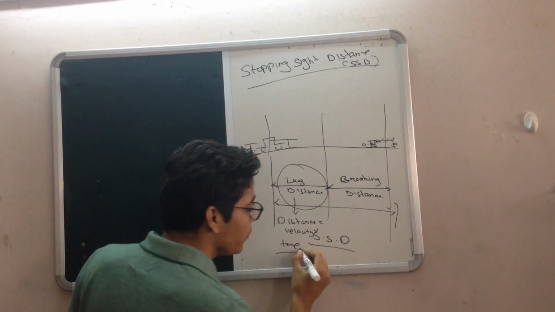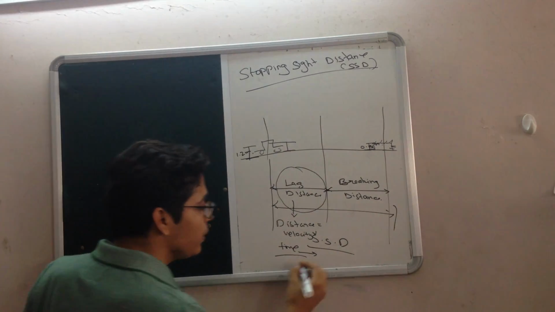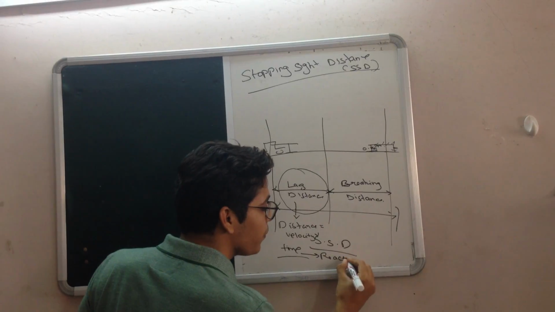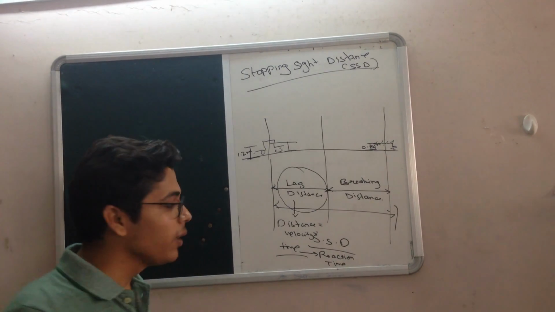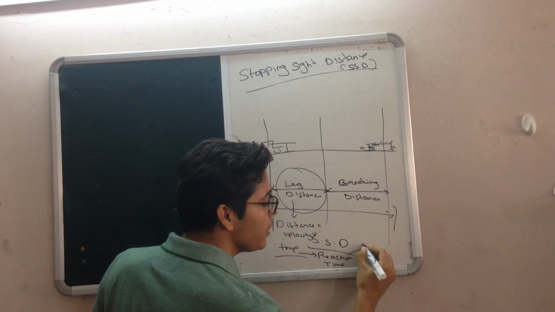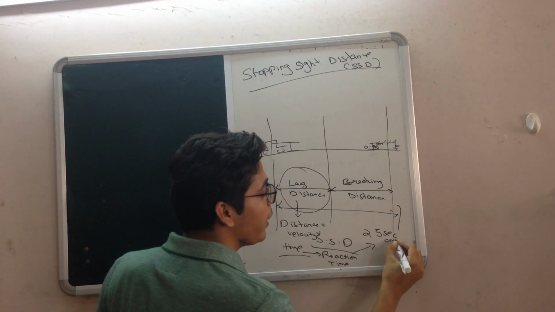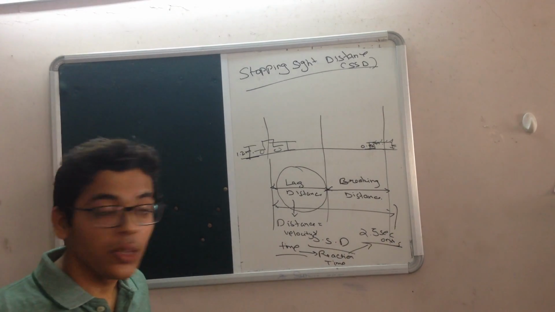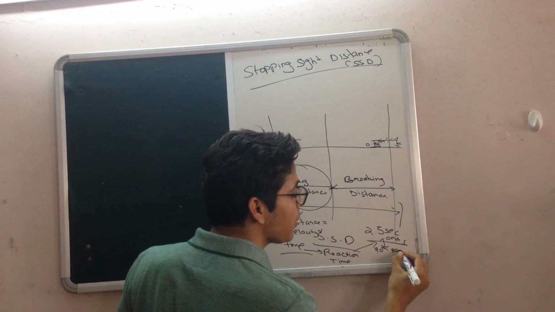The time before the application of the brake is known as reaction time. As per IRC, this reaction time is ideally taken as 2.5 seconds, and this 2.5 seconds is the 90th percentile reaction time.